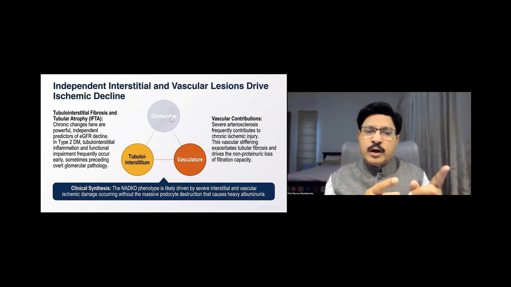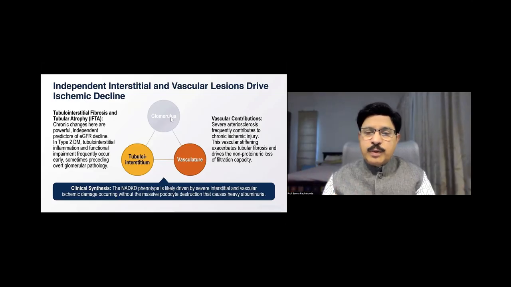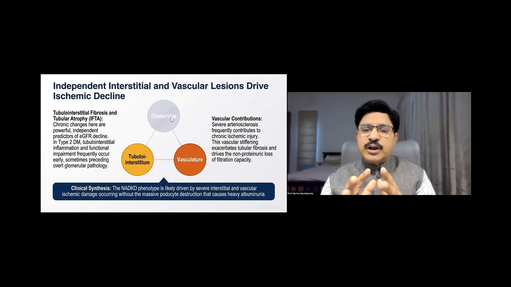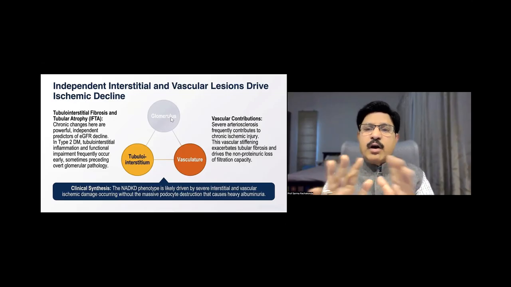Now, tubulointerstitial fibrosis, tubular atrophy, IFTA, chronic changes here are powerful, independent predictors of GFR decline in type 2 diabetes. Tubulointerstitial inflammation and functional impairment frequently occur early, sometimes preceding overt glomerular pathology. Glomerulus may be normal. Glomerular structure is not altered.